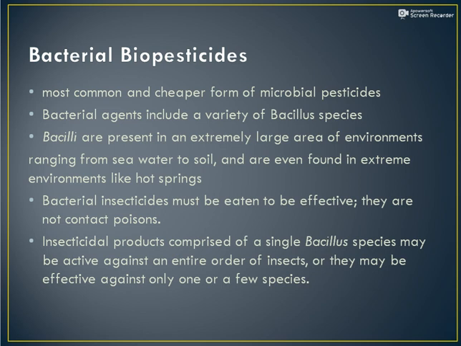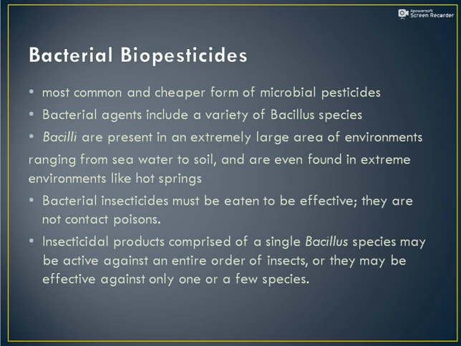And quite often we can see that the most common variety of bacterial biopesticides includes Bacillus species. Now, Bacillus species is an extremely large group. It is present in an extremely large range of environments, like soil, water, seawater, and even extreme environments like hot springs.